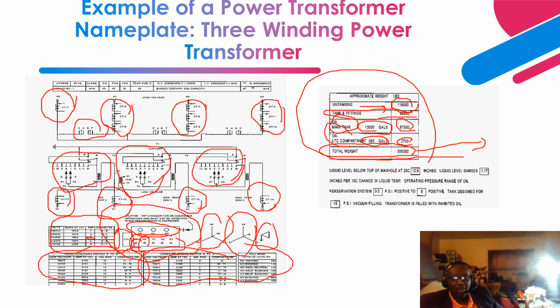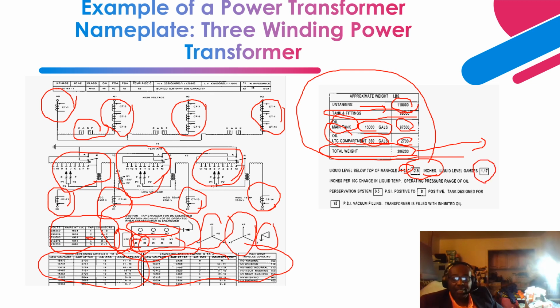Next, like I indicated, transformer oil is filled under vacuum at a room temperature of 25 degrees Celsius in the factory, right? And at 25 degrees Celsius, this is the level of the liquid. Okay. Then they also provide the changes in the liquid level.